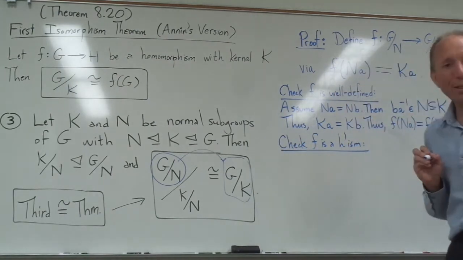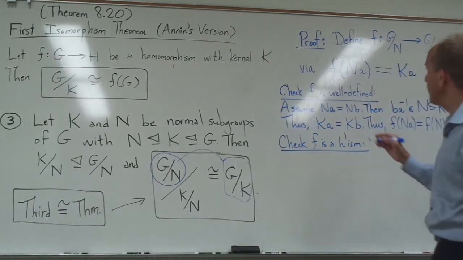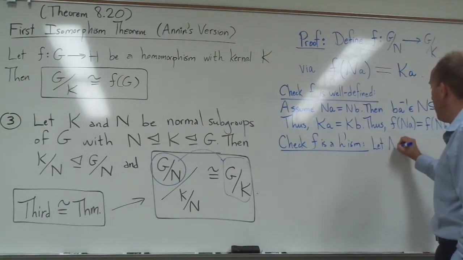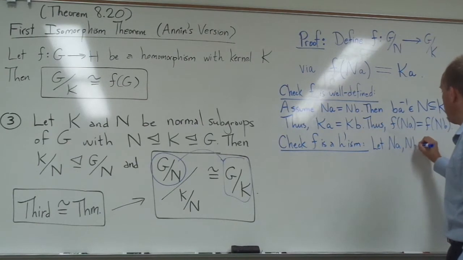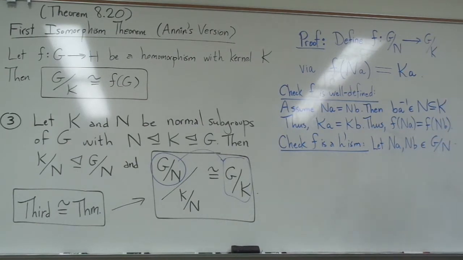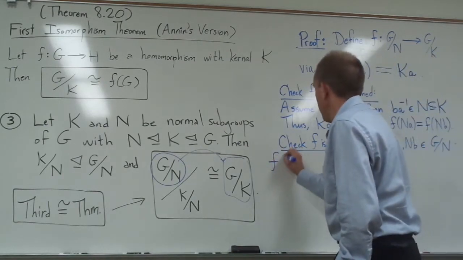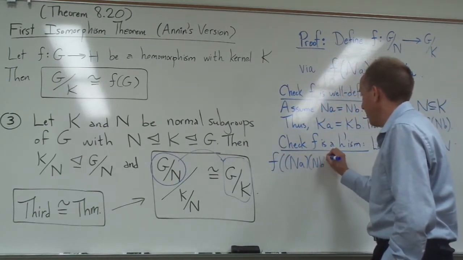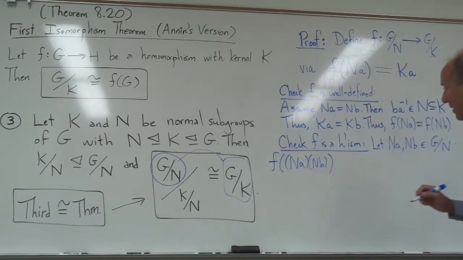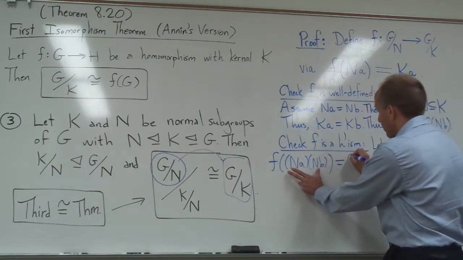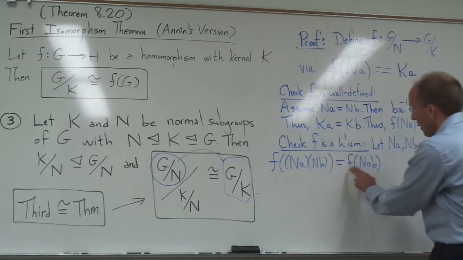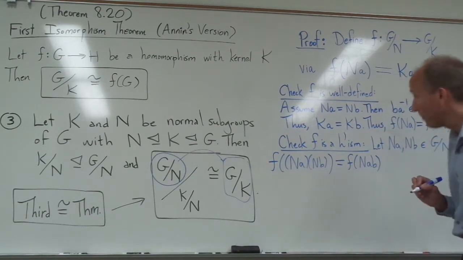This part isn't really too bad. You just have to take two cosets, right? So we could just say, let Na and Nb be elements of G mod N. And we're just going to look at f of Na times Nb right here. Okay? And I can actually just multiply those cosets together in the usual manner. I'll get f of Nab.